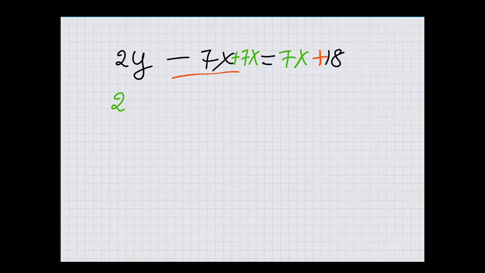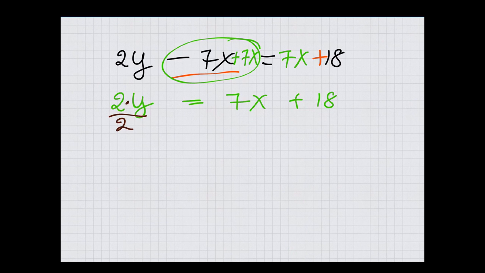So now we have 2y. This adds up to 0 equals 7x plus 18. This skips the rearranging of terms later on. So y is being multiplied by 2. The opposite is to divide by 2. Whatever you do to one term, you want to do to all terms.